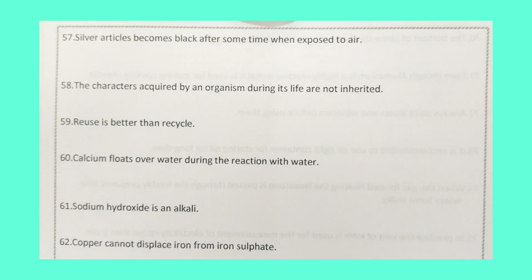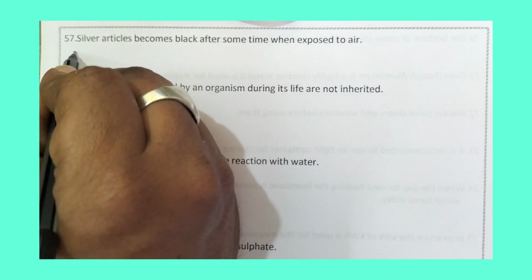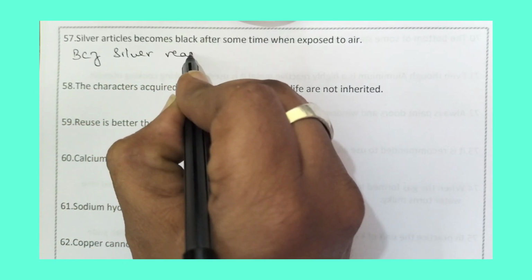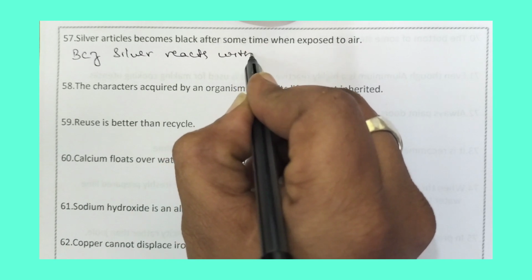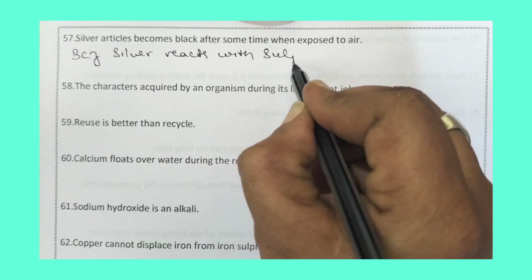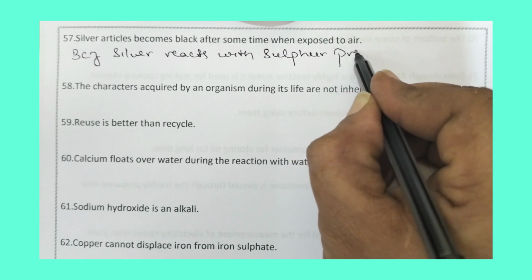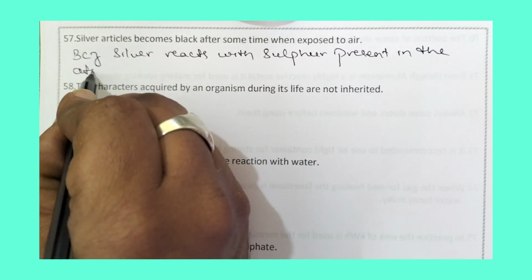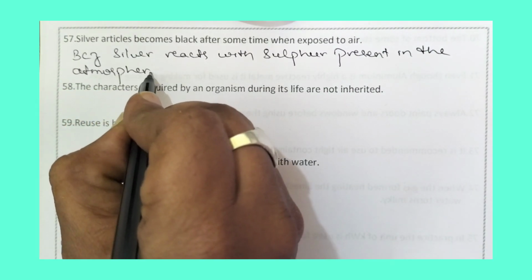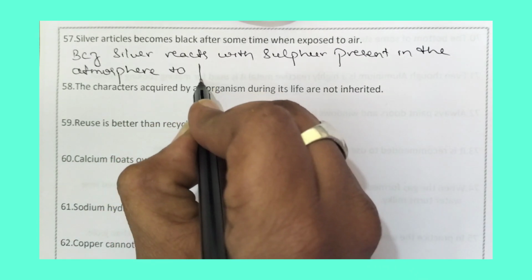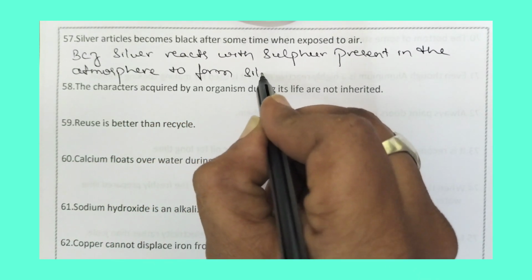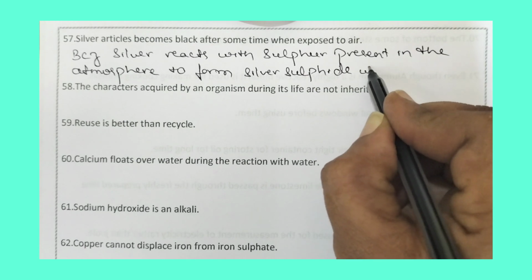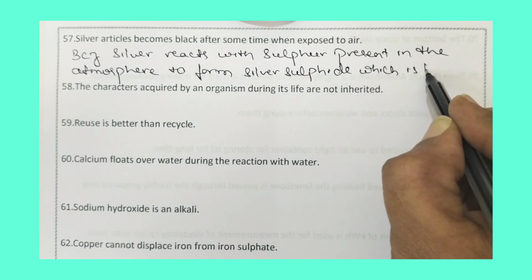The reason for this is because silver reacts with sulfur present in the atmosphere to form silver sulfide, which is black.